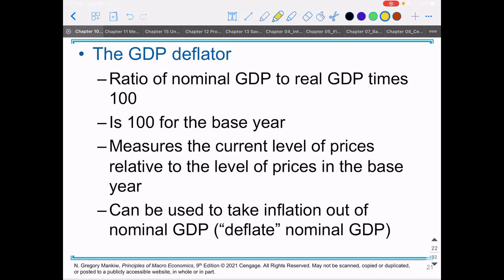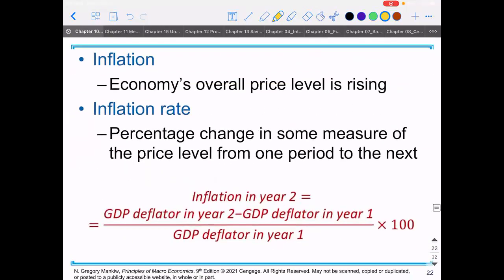It's our nominal GDP for a given year divided by its real GDP, multiplied by 100. And it allows us to determine what the general increase in the prices is. It's a way to measure the inflation rate, which is something we're going to look at in the next chapter.